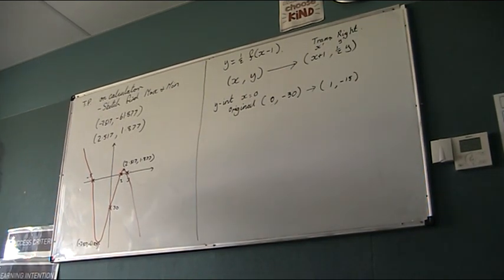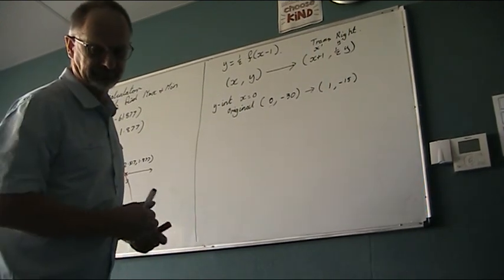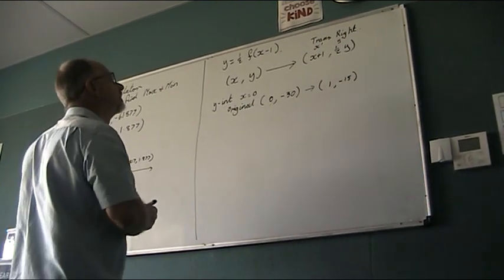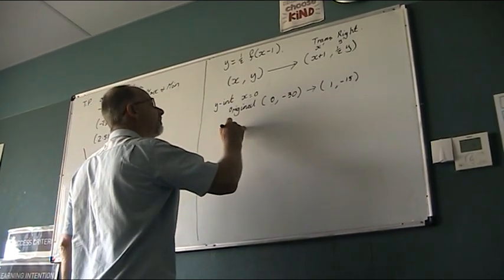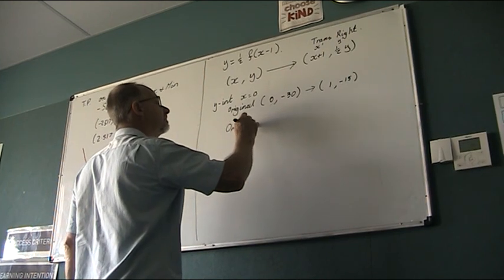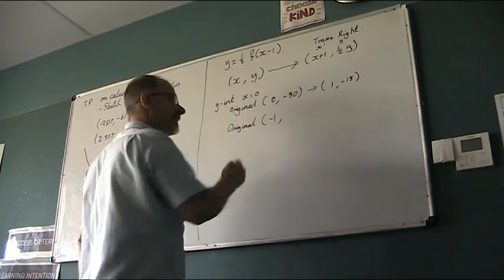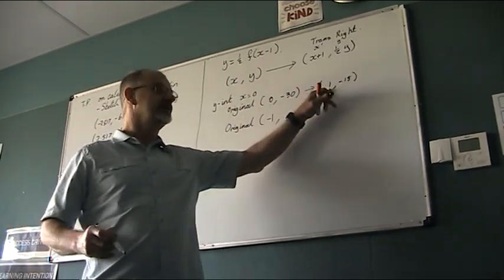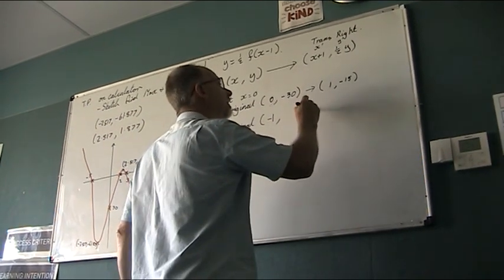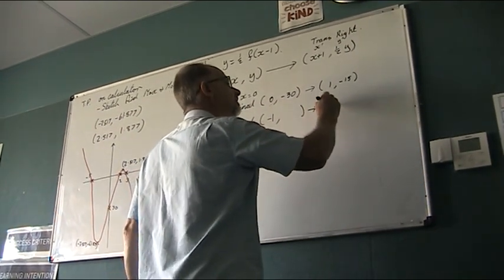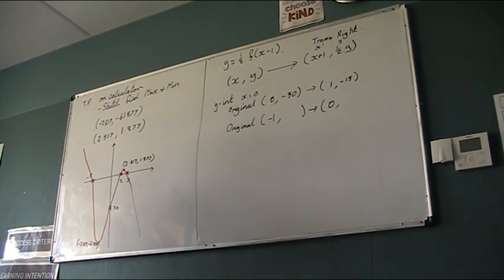So our y-intercept's a little bit more tricky to figure out. From our original point, so that we can have that translation, we need to be using x equals -1, so that will then translate to 0. Yes?